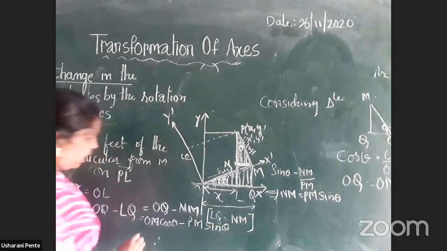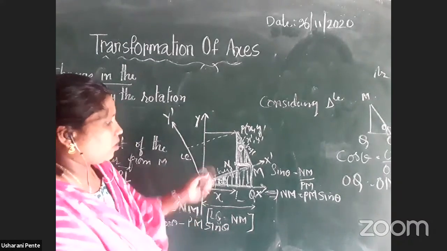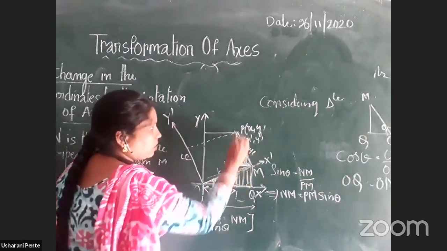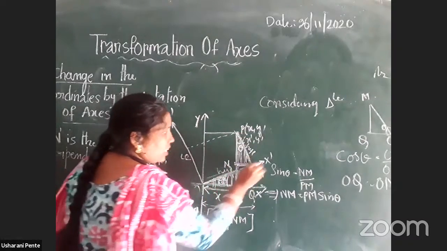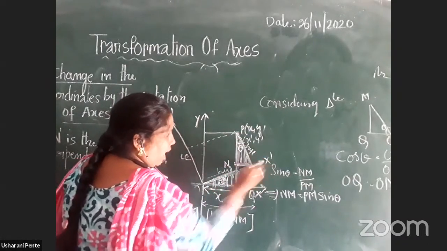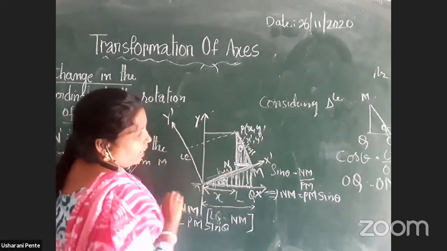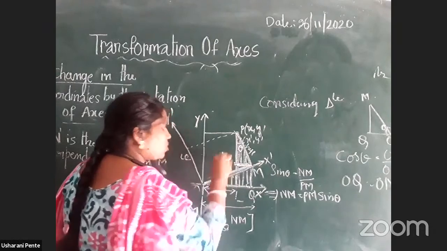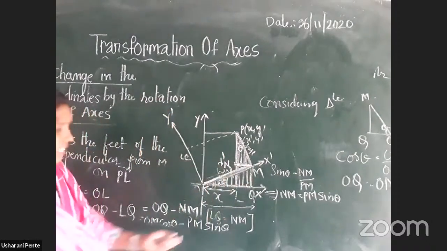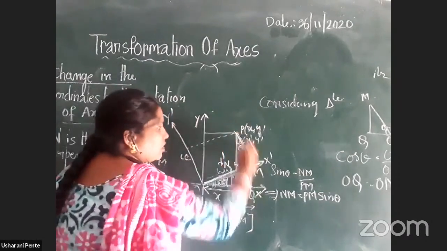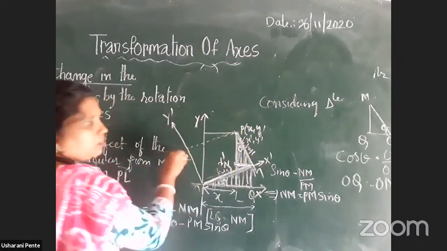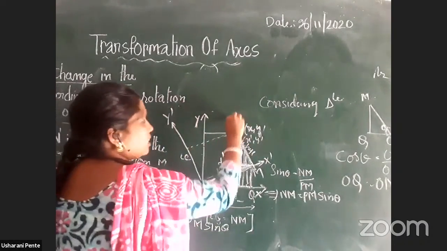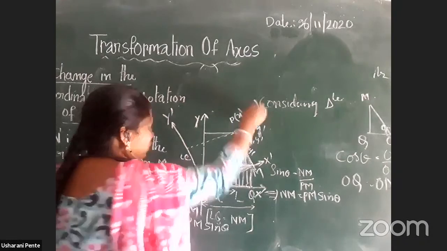What is OM? This is a new axis. On the new axis, this OM is nothing but the X dash. This is the X dash, and PM with respect to the new axis is nothing but the Y dash. That is, the points X dash and Y dash are formed.